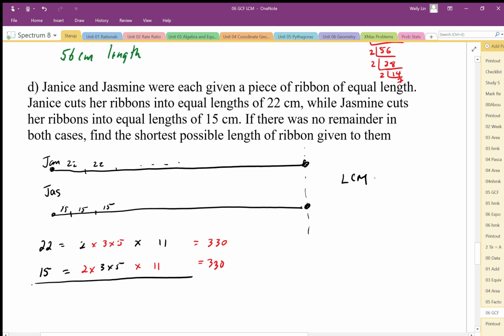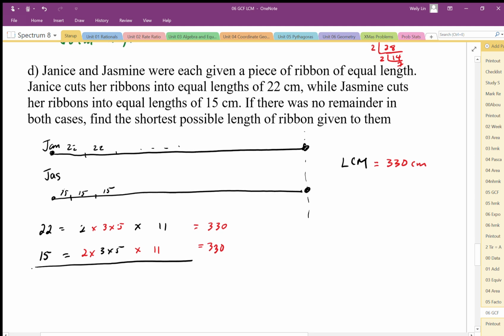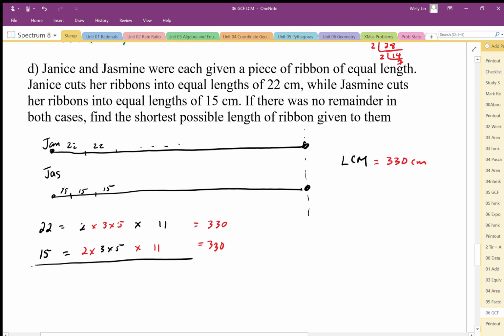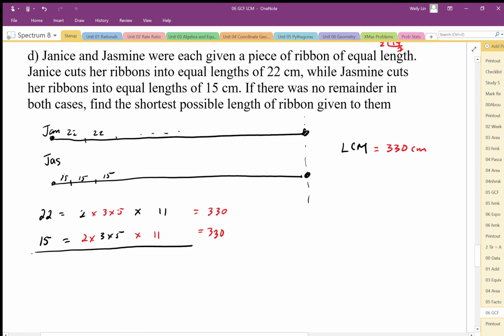So the LCM works out to be a length of 330 centimeters. We can make groups of 15 with 330, and groups of 22 with 330, so that must be the shortest length of ribbon we could have used to make both sets of ribbons.